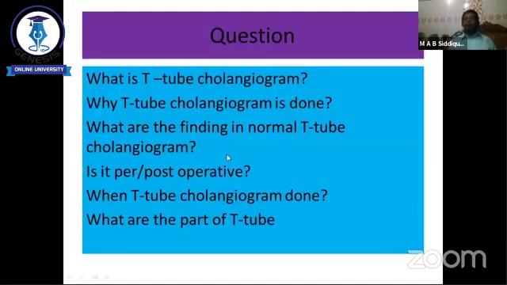So what are the findings in a normal T-tube cholangiogram? Normal findings are that there is no signal void area or negative shadow, no irregular filling defect, and the dye easily passes from the CBD to the duodenum. Another question: is it peroperative or postoperative?